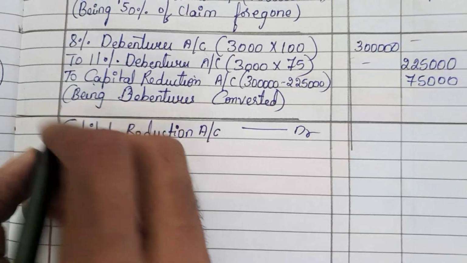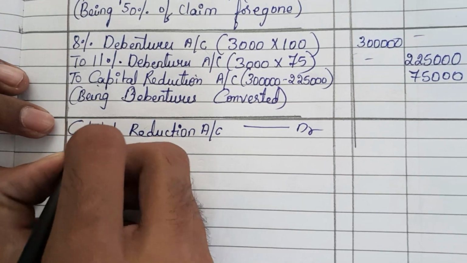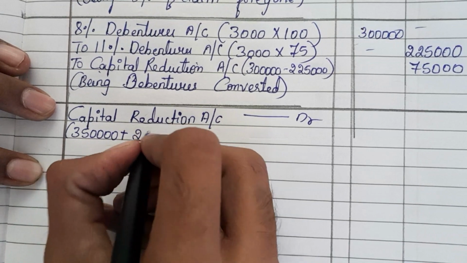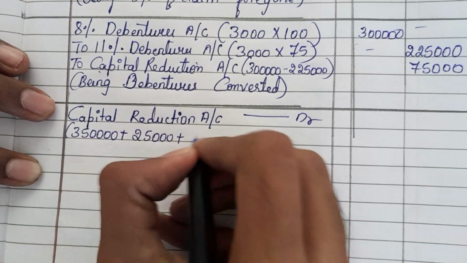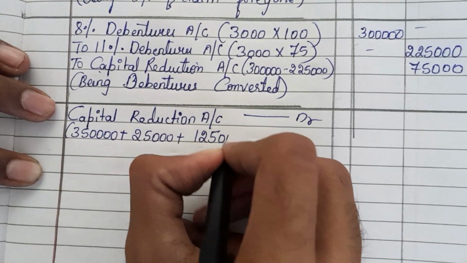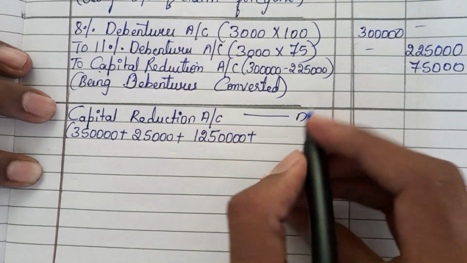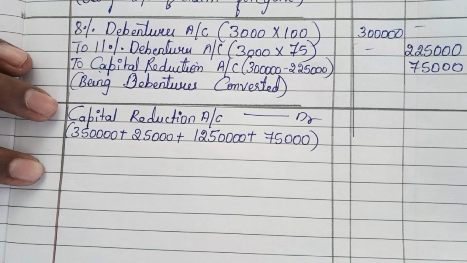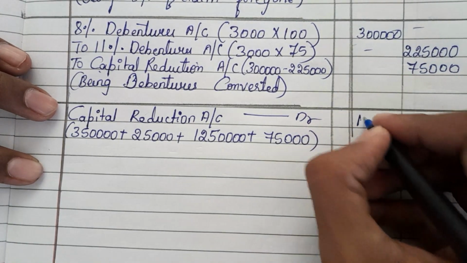Now add all those. So you need to add 3,50,000 plus 25,000 plus 12,50,000 plus 75,000. Add all this. We will get 17 lakh.